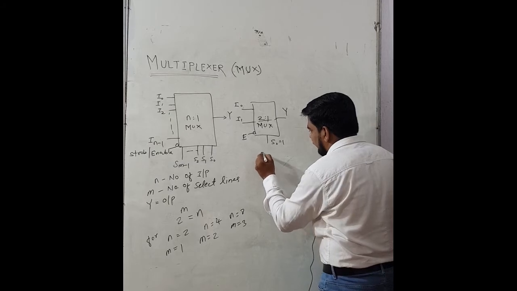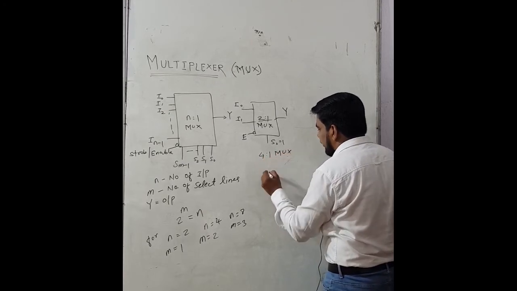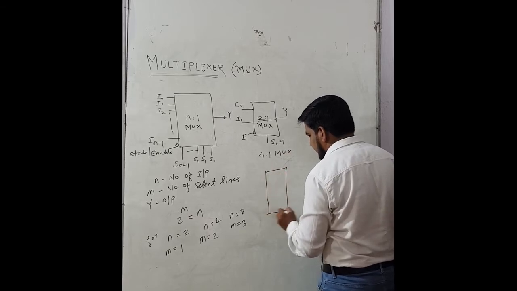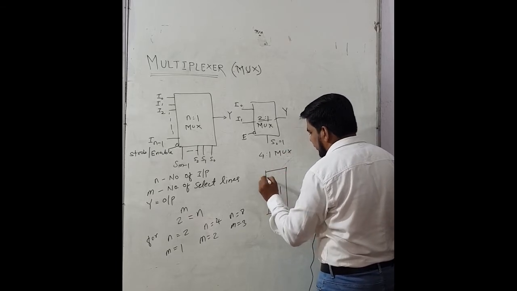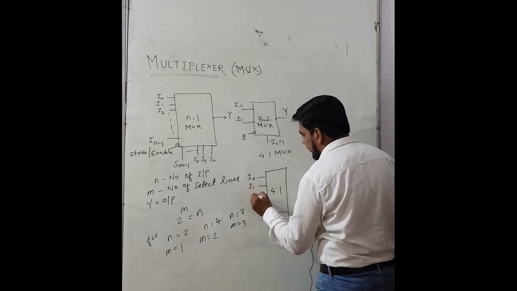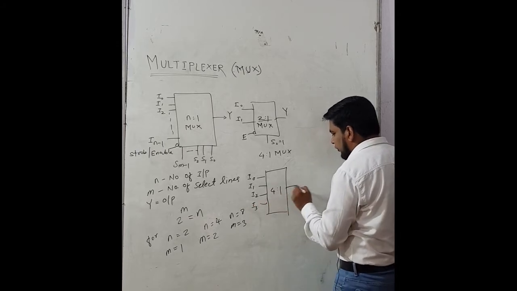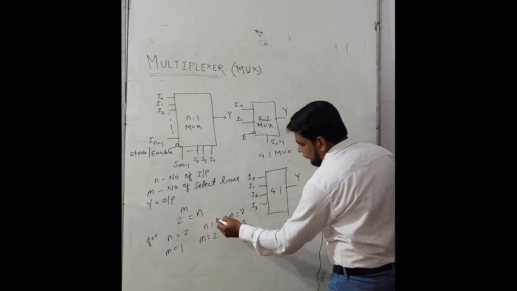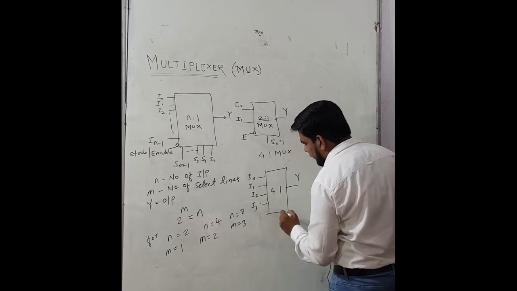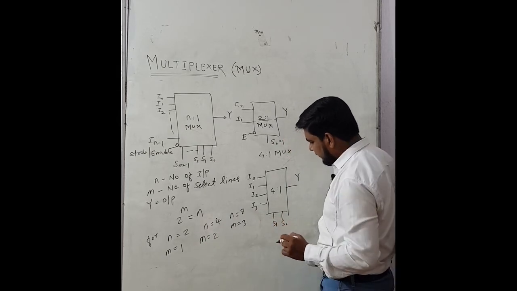Suppose we are designing a 4:1 mux. How many inputs? 4 inputs, I0, I1, I2, I3. How many outputs? One output. How many select lines? For n equals 4, the value of m should be 2, so S0 and S1.